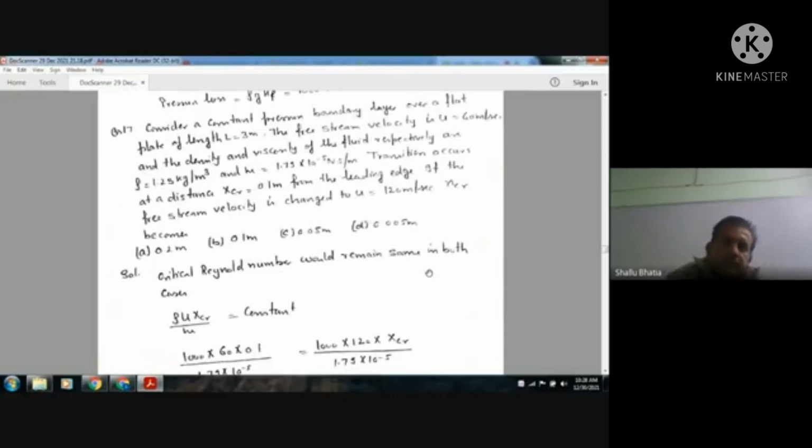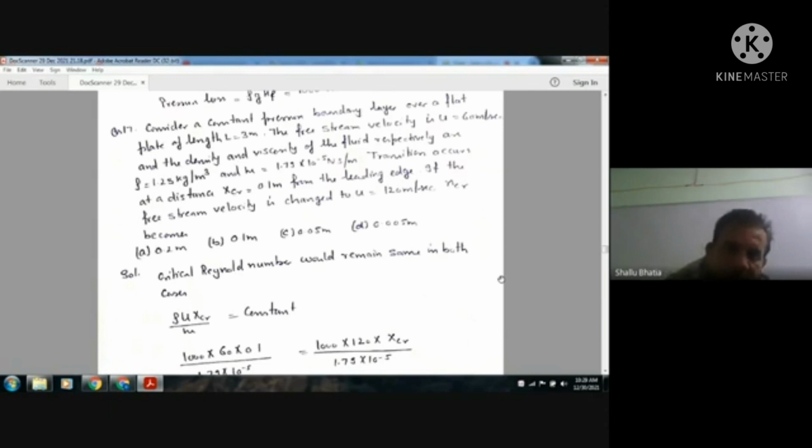Consider a constant pressure boundary layer over a flat plate of length 3 meter. Free stream velocity is 60 meter per second. The density and viscosity of the fluid, respectively, are rho 1.23 kilogram per meter cube and mu 1.7 times 10 to the minus 5 Newton second per meter square.